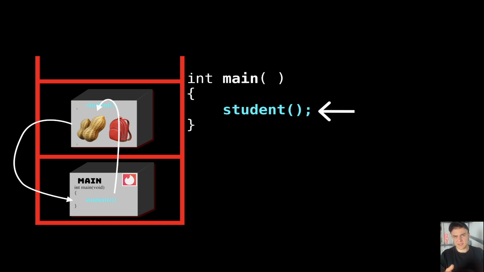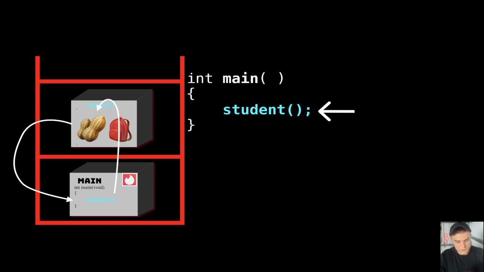I depict a function essentially like a block because this is a really good mental model to understand what a function is: a closed system that is able to communicate with other functions thanks to arguments, right? You know these ideas pretty well. So the main function can speak with the student function. In this case, there are no inputs, and the student function doesn't give back any return values.